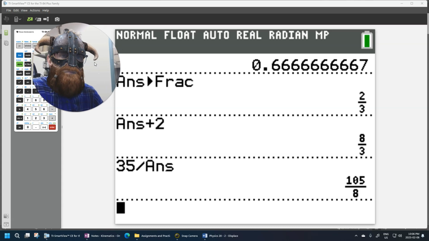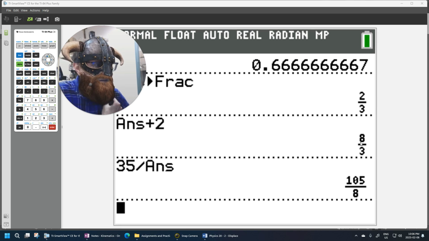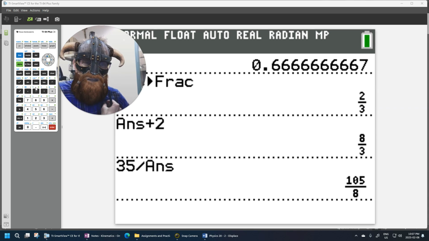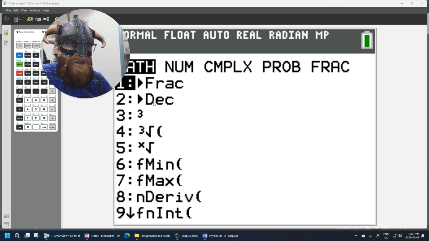There we go. Oh, I don't like that because fractions. If you ever get a fraction, you're like, oh man, I want the decimal out of it. Because I used fractions as part of the math, the calculator is going to spit out a fraction for me. So if I want the decimal, I can go Math, and where it says here, it says 2, arrow Dec. That means change it to a decimal.